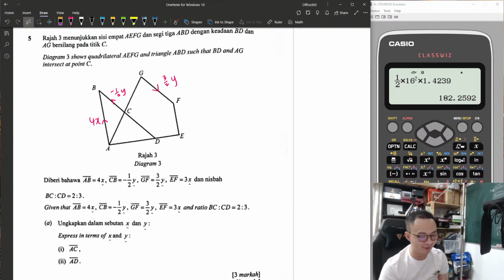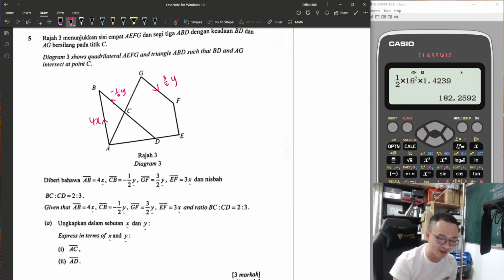Okay, so we have some EF. Where is E to F? Here, 3x. Okay, and the ratio BC and CD is 2 ratio 3. Then BC over CD is 2 over 3. Then CD over BC is 3 over 2.